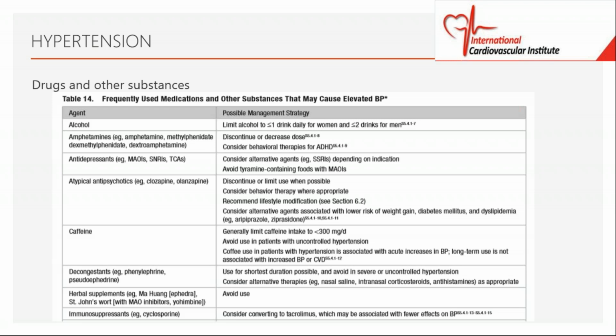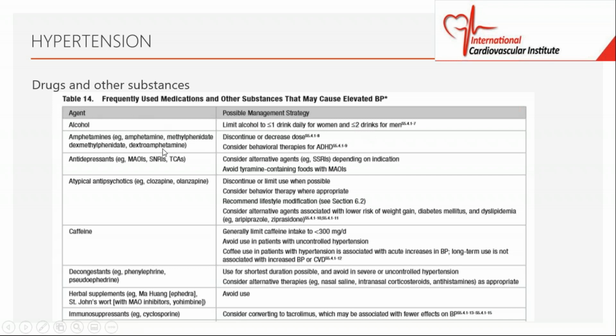So for a beer, which is 5% alcohol, we're talking about 12 ounces. For wine, which is about 12% alcohol by volume, we're talking about 5 ounces. And then for hard liquor, it's about 40%, 1.5 ounces. So for females, less than or equal to 1 drink, and males less than or equal to 2.